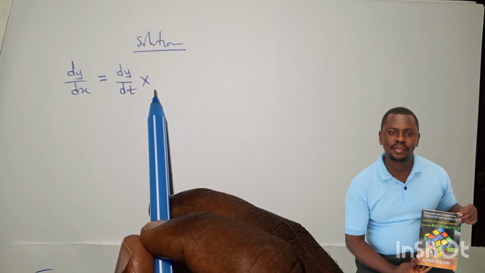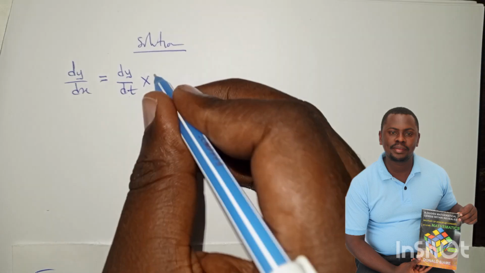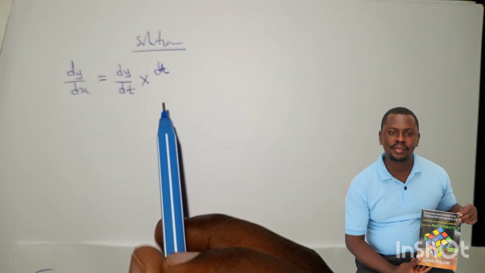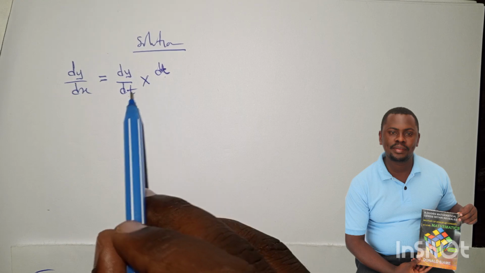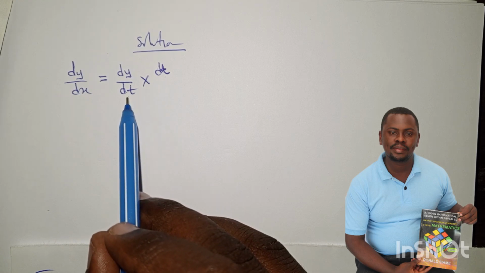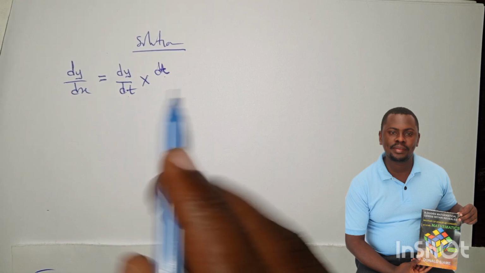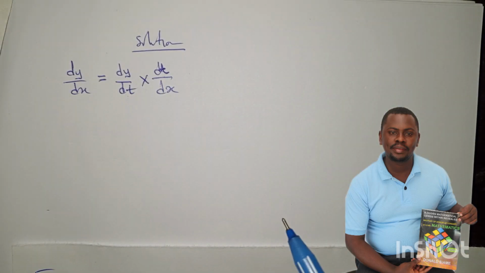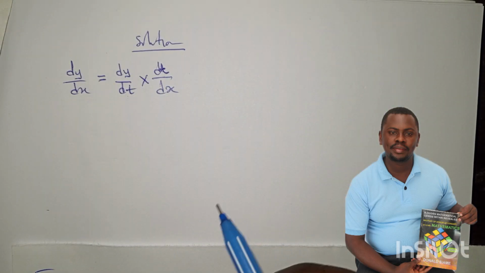You think of it as fractions. The dt can cancel out with this dt, so to speak, then over dx, and we remain with dy/dx.